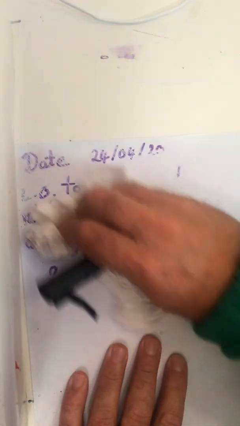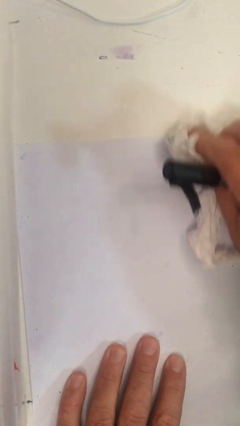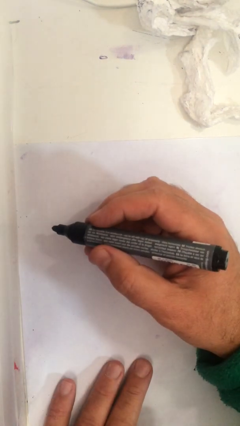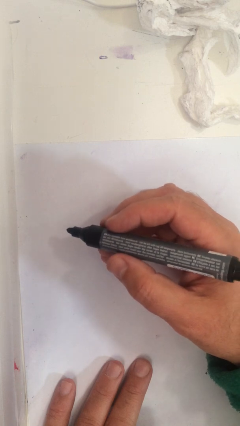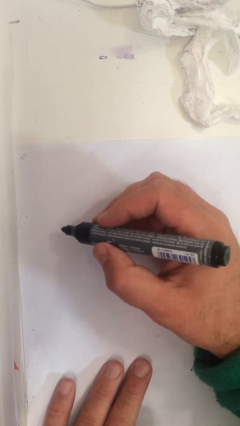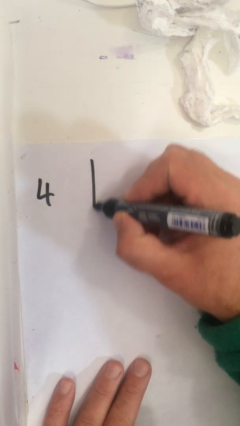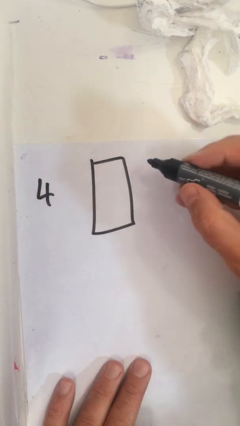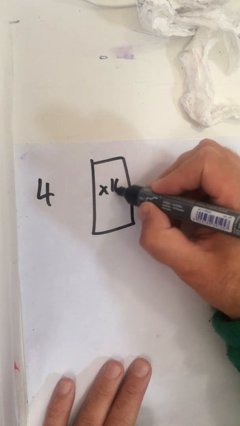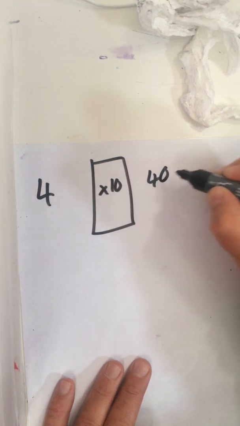Right, good. So just to finish off, okay, sometimes with function machines, you can have sort of missing numbers. So let's, for example, have a look. If I've got a function machine which is 4, and then my function, I'll just do a very basic function machine, is times 10, which will give me 40.